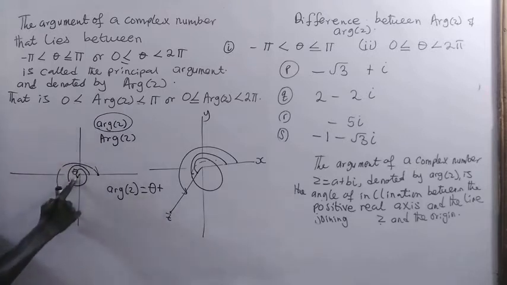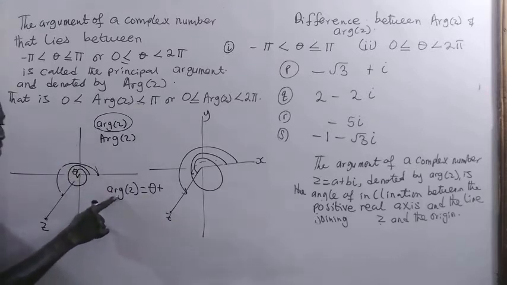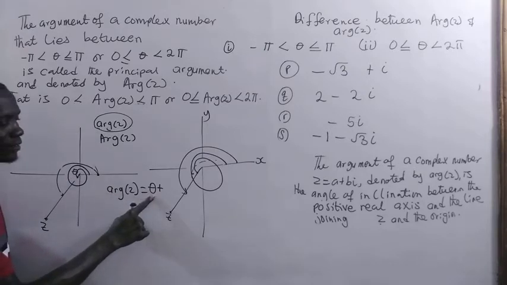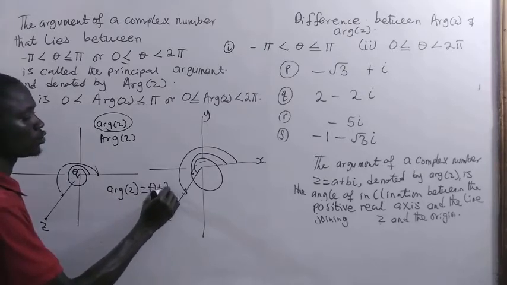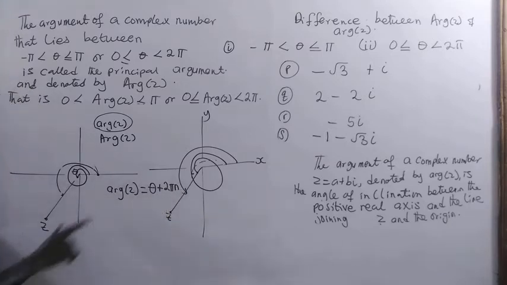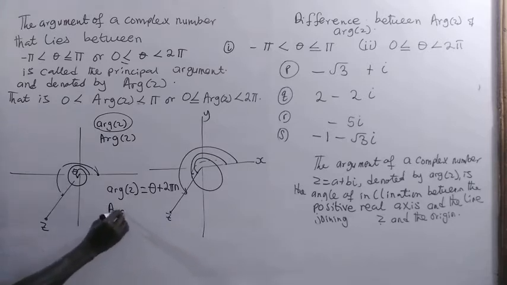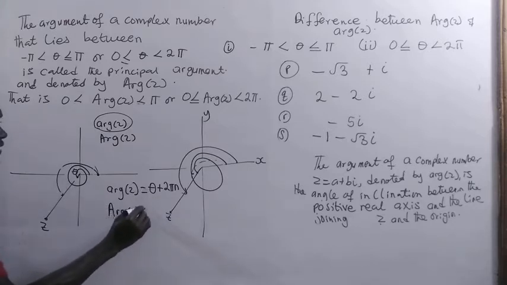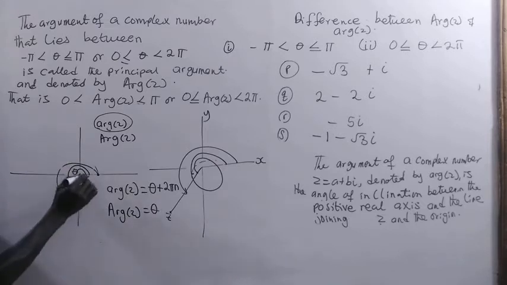If I complete another, I've added 2 pi. So here, in general, the argument is theta plus 2 pi n. In some books, they make it k. So that is the argument there. And the principal argument is the theta. That is the angle that we measure.